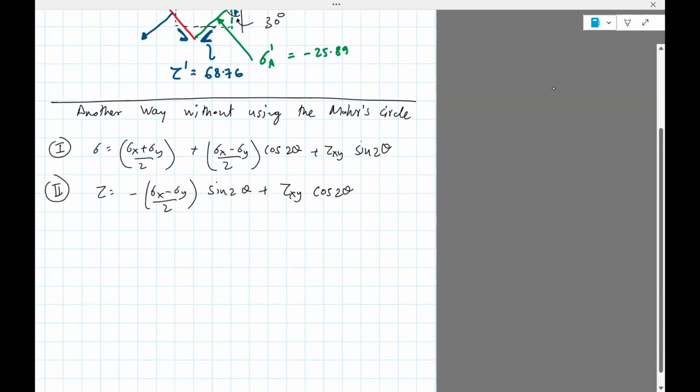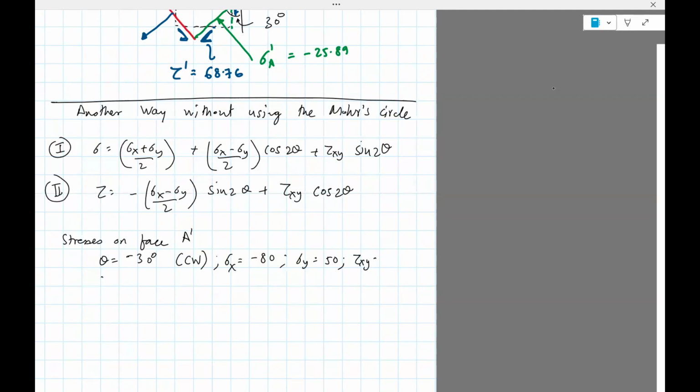Okay. So here, if you want to compute the stresses on face A or A prime, what you do is you put theta is minus 30 degrees, that's clockwise. You put sigma x is minus 80 MPa because that was the original normal stress. And then sigma y is 50 MPa with a positive sign.